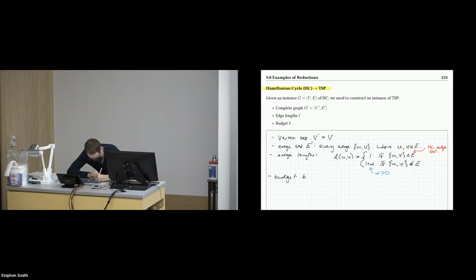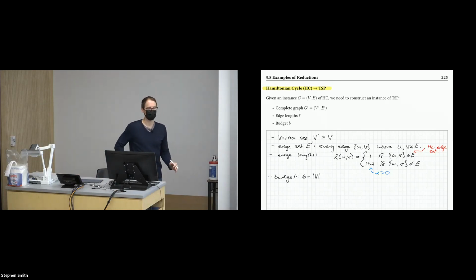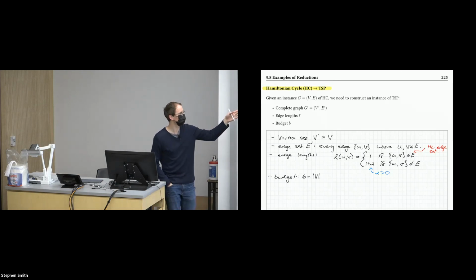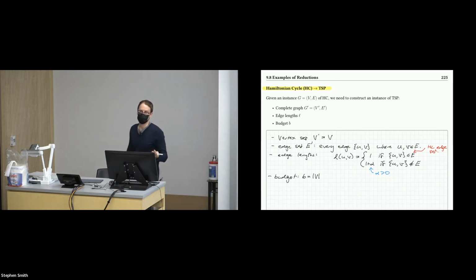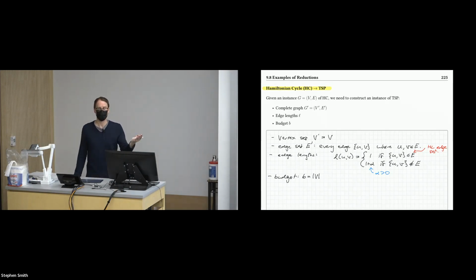I'm going to make my budget exactly |V|, the cardinality of V, right? So either to solve this TSP instance, I have to find a tour that only uses length 1 edges because it has to use |V| edges. Otherwise, it's going to have a cost of at least |V| plus alpha, where alpha is positive.